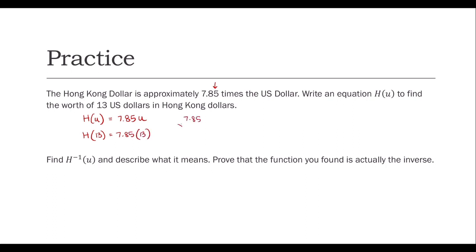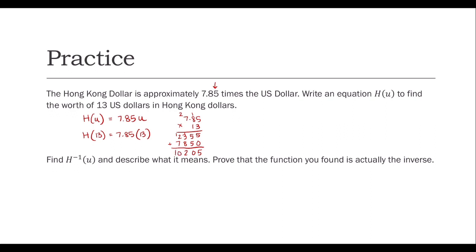7.85 times 13 would be 5, carry 1, 24 plus 1, 25, carry 2, 21 plus 2 is 23. Then we'll do our next row, 0, 5, 8, 7. And when we add those, we get 5, 0, carry 1. 3 plus 8 is 11, plus 1 is 12, carry another 1. 1 plus 2 is 3, plus 7 is 10.